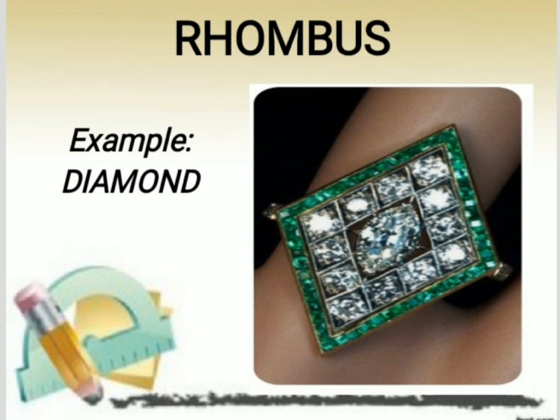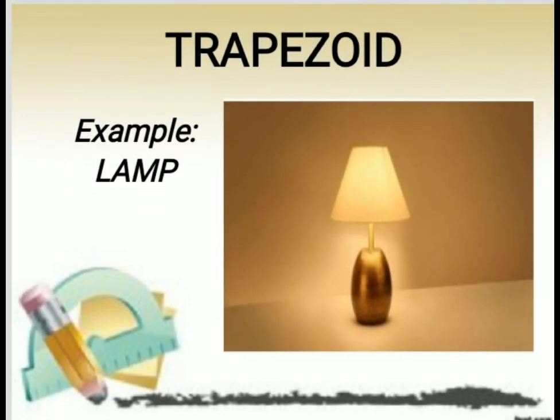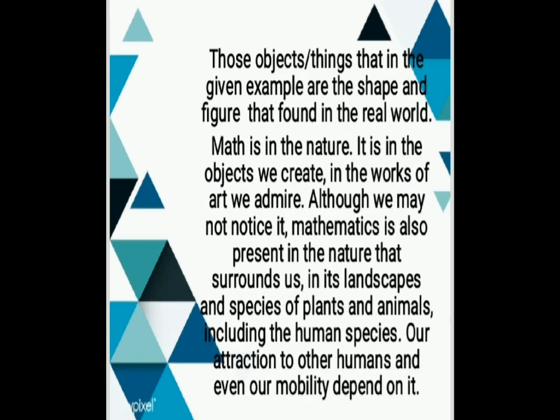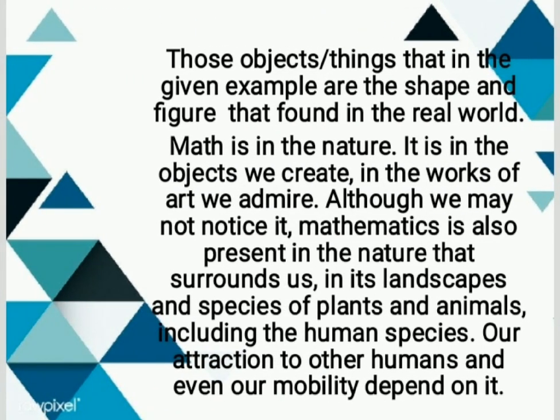For rhombus, I have a diamond. For trapezoid, I have a lamp. So that's it. Those objects or things in the given example are the shapes and figures that are found in the real world.